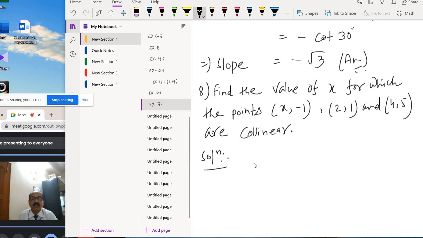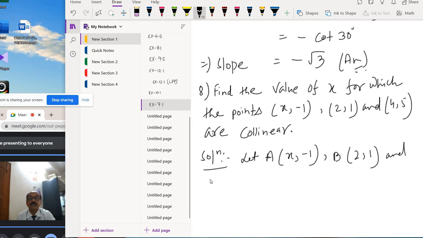So take these 3 points A, B, C. Let A be x comma minus 1, B be 2 comma 1 and C be 4 comma 5. These are 3 collinear points.